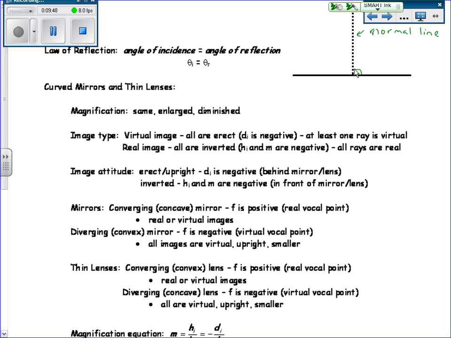So that's supposed to be an N, whatever it looks like there. And then you have the angle of incidence, is always measured to the normal line, right? It's always measured to the normal line, not to the mirror. That's the thing you need to remember. And then that's equal to the angle of reflection. Okay, so that's a rule there that needs to be memorized. So it's not on your formula sheet.